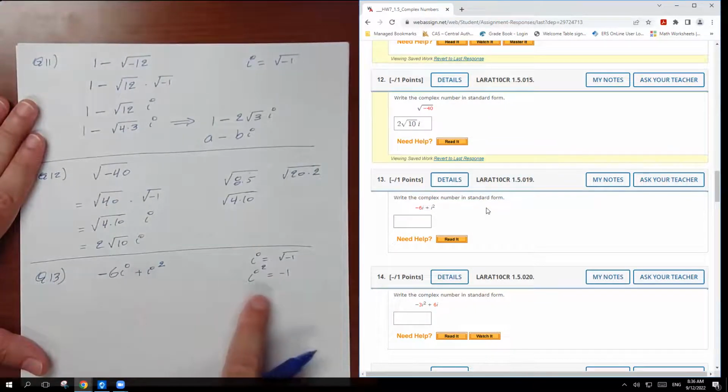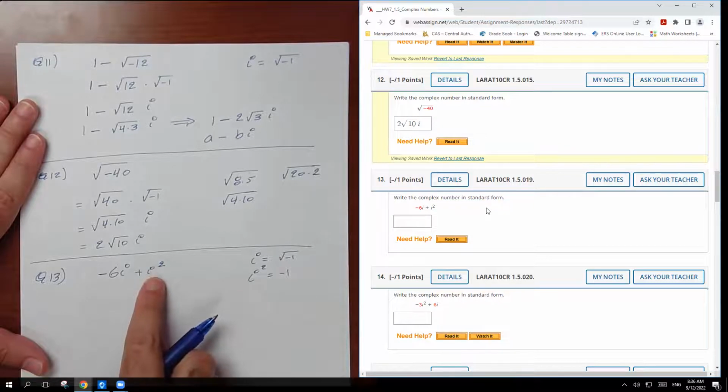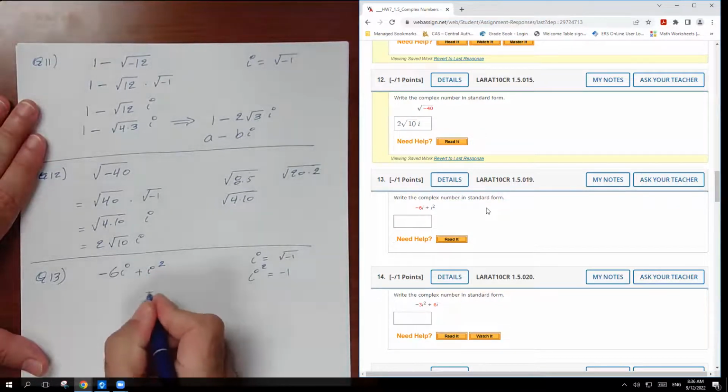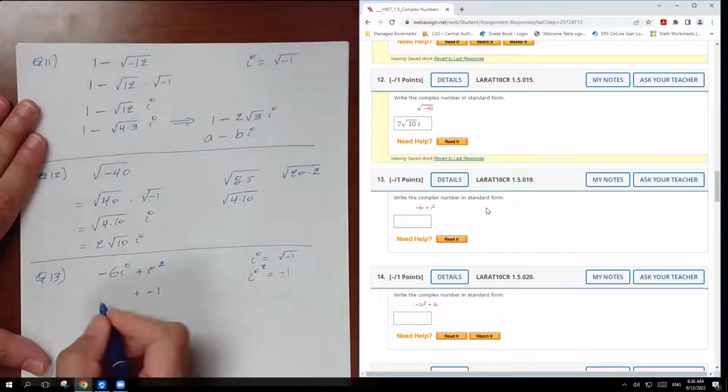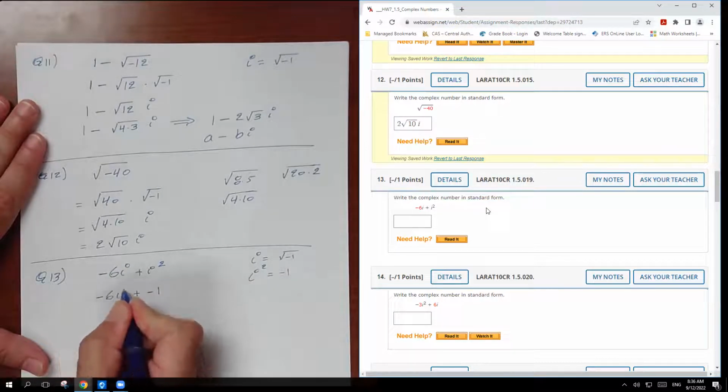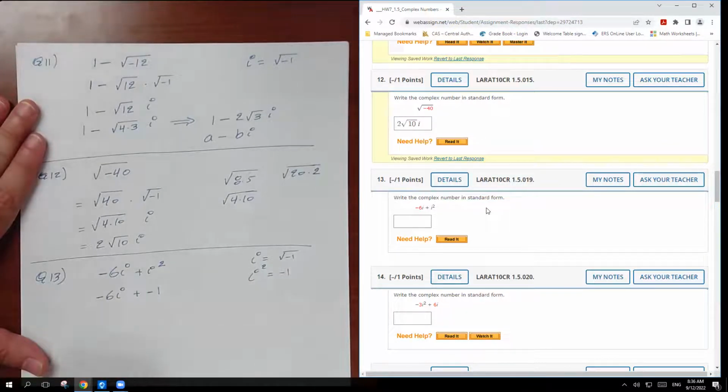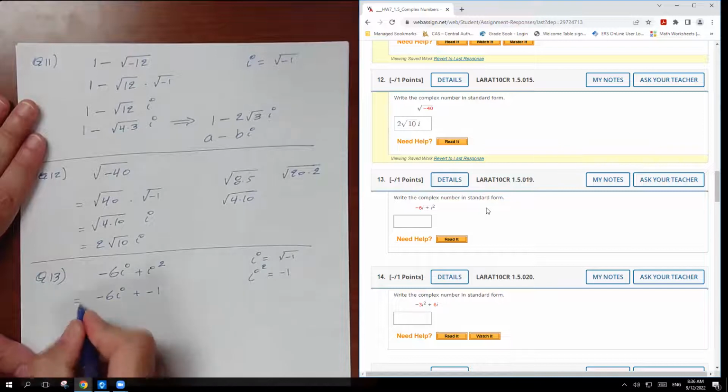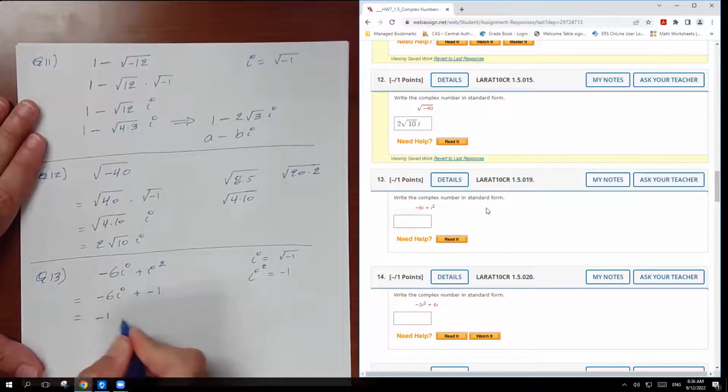In this case, instead of i squared, I'm going to plug in -1. There's a plus or minus. I'm going to keep -6i. Now, this is the real part. This is the imaginary part. I just need to write down in the standard form. So this one is going to be -1 minus 6i.